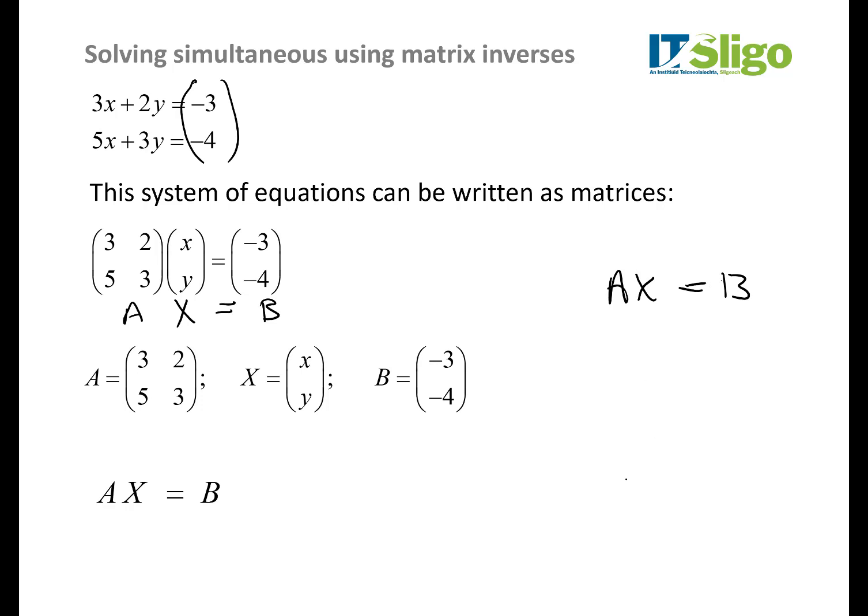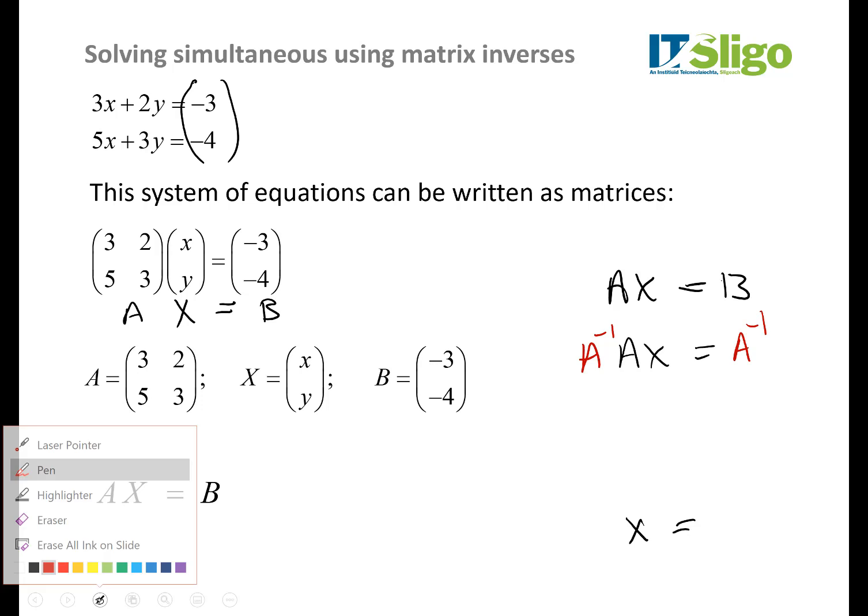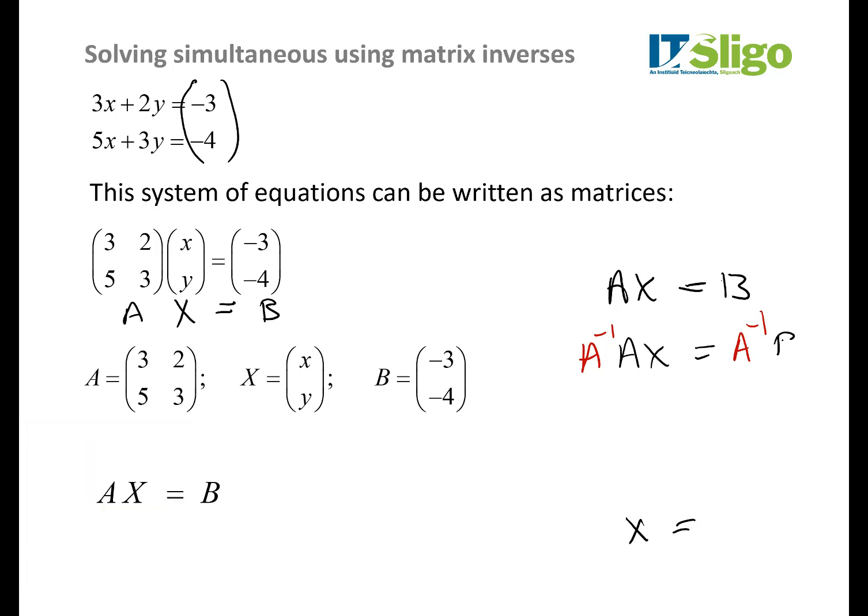I want to get X on its own. So I want to kill the A. How I kill the A is I'm going to pre-multiply both sides by the inverse of A. And now on the left hand side, inverse of A by A gives us the identity.